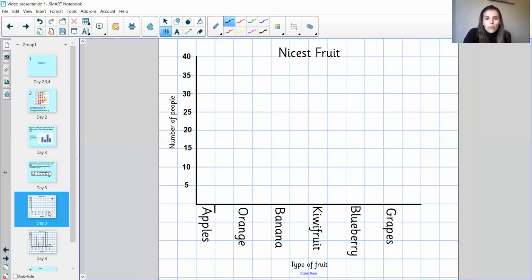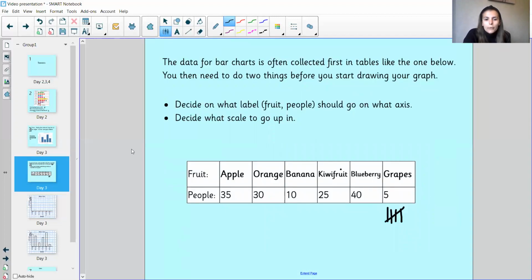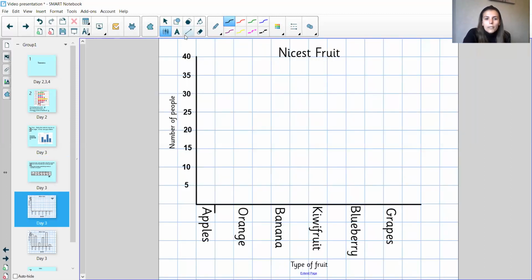So this is my graph that I presented earlier. You can see I've gone up in 5s along here. And along the bottom, I've written the different types of fruit, making sure I'm keeping that gap in between my bars. So now if I go back to my table, you can see 35 people liked apples. So now I'm going to start to fill this in using a ruler on my chart.